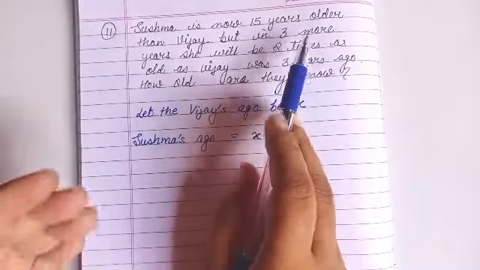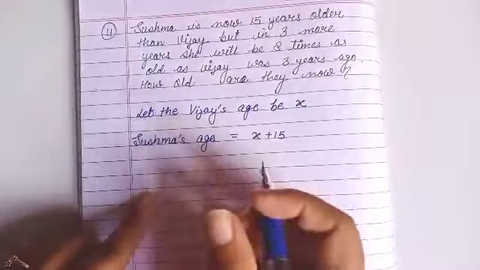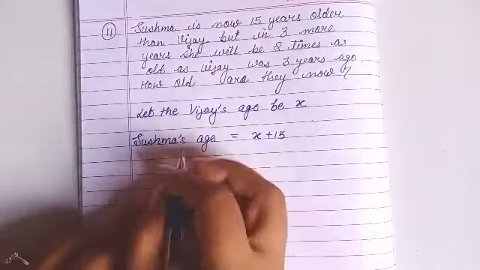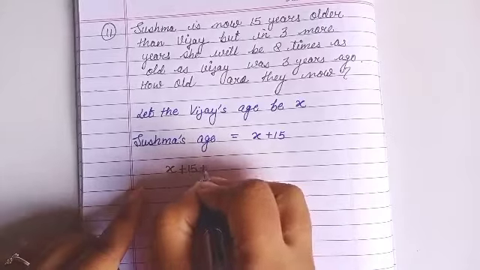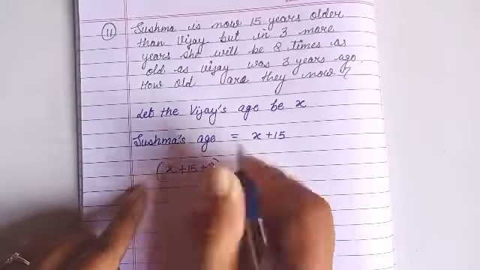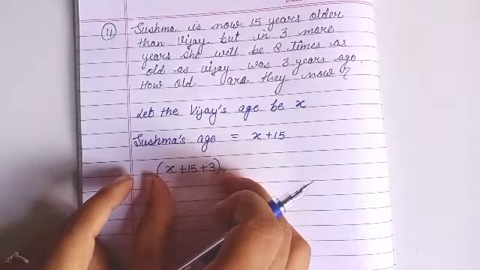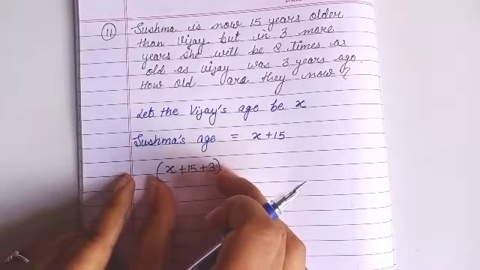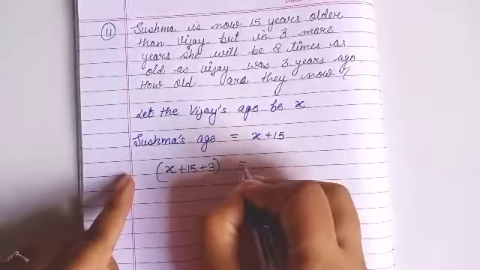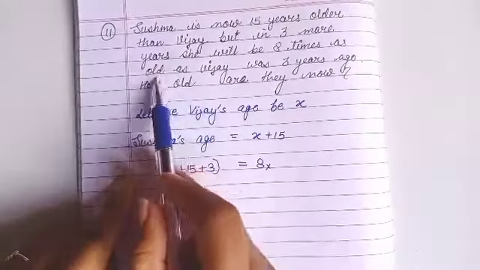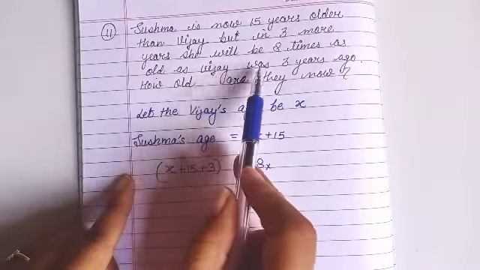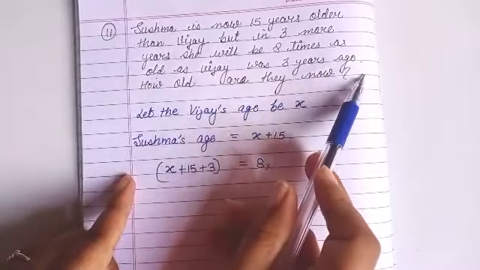It means after 3 years, Sushma's age will be 3 years greater than her present age. 3 years more, after 3 years her age will be 8 times as old as Vijay was 3 years ago.